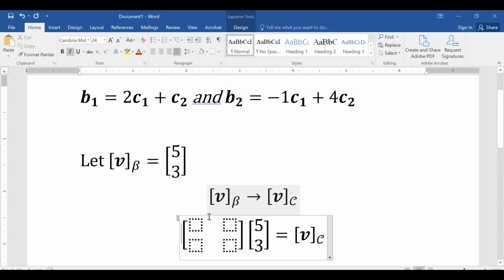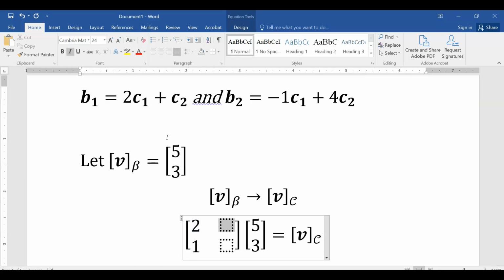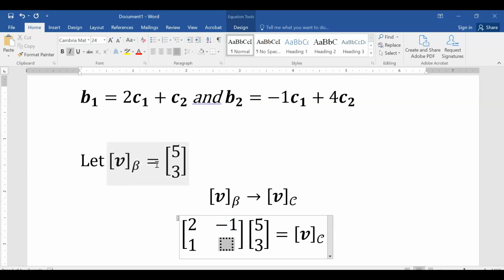Now, if you think about what that means, it means that 2, 1 should be the first column of that 2 by 2 matrix, and -1, 4 needs to be the second column of that 2 by 2 matrix. And so 2, -1, 1, 4, let's test this.